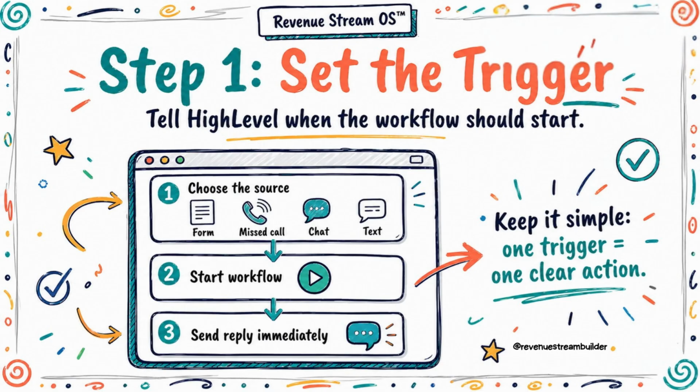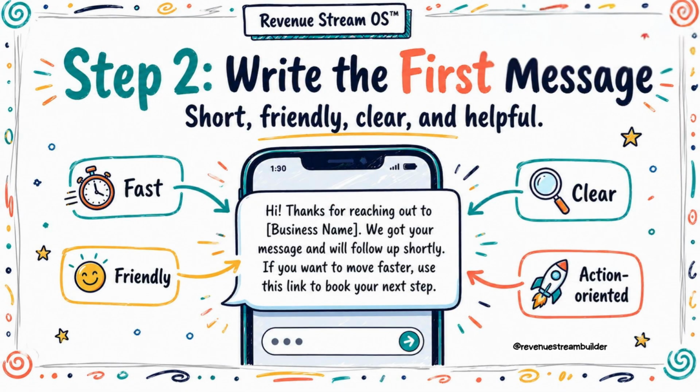What you don't want is to set up 10 triggers and none of them work. Start with one pipeline entry point and make it solid. Also, you want to name your workflow clearly. I like names like instant response, new inquiry, because when something breaks, you'll know exactly where to go.